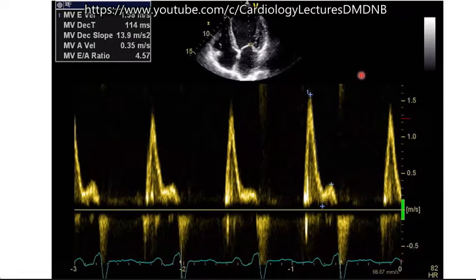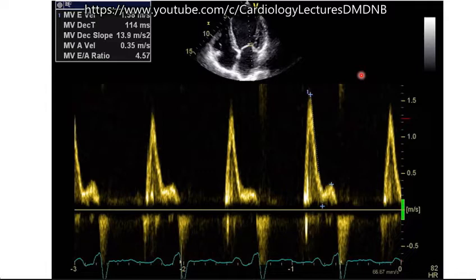What should be the velocity of the AR reversal for you to diagnose that there is a restrictive pattern? Velocity should be more than 35 centimeters per second. If the velocity of AR reversal is more than 35 centimeters per second, that indicates restrictive pattern.